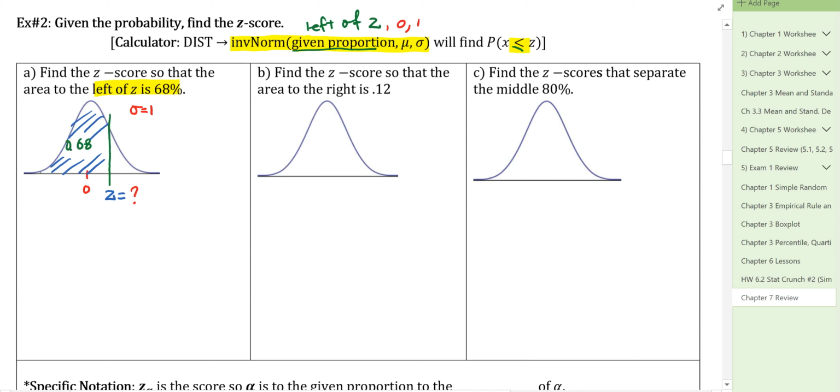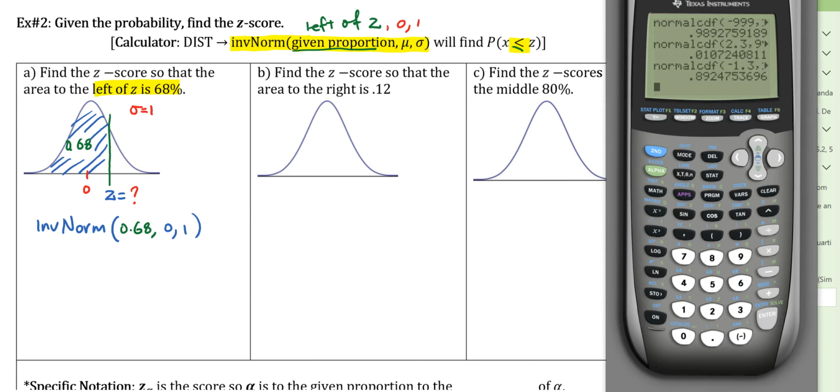So to find the z-score, I'm going to use the calculator again. The calculator function is inverse norm. I always want to write a step out: inverse norm, the given area on the left of z is 0.68, and the mean and standard deviation are 0, 1. Put that in your calculator, and you'll get an answer. So let me clear it.